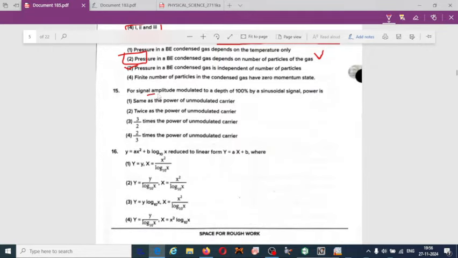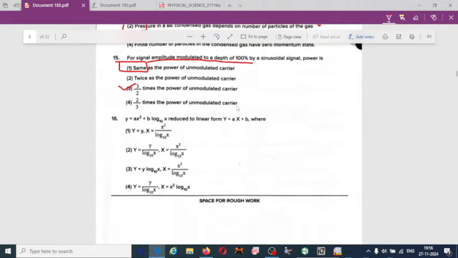Signal amplitude modulated to depth of 100% by a sinusoidal power is actually, this is the correct option, 3 by 2 times the power of unmodulated carrier. The answer key they have given is the first option, same as the power of unmodulated carrier.